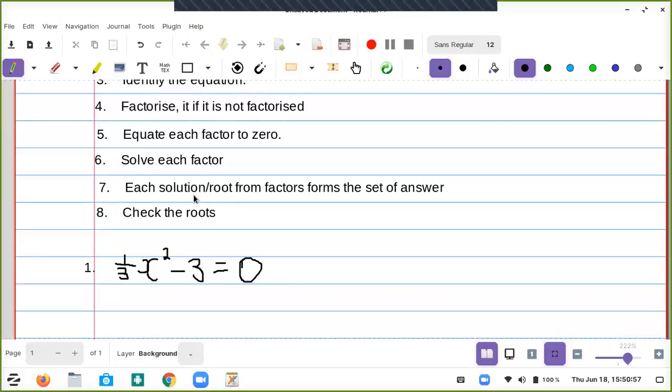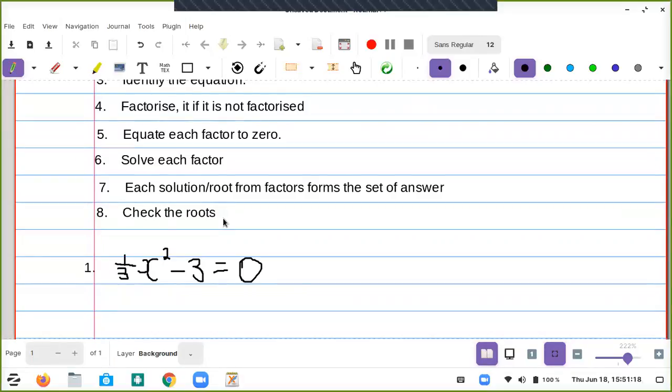So we call them root or roots, right? Then, before I finally say this is now my set of answers or roots to the equation, I must then do number 8. Check the roots whether they are correct for that particular equation or not. If they are correct, it means the left-hand side is equal to the right-hand side, right?